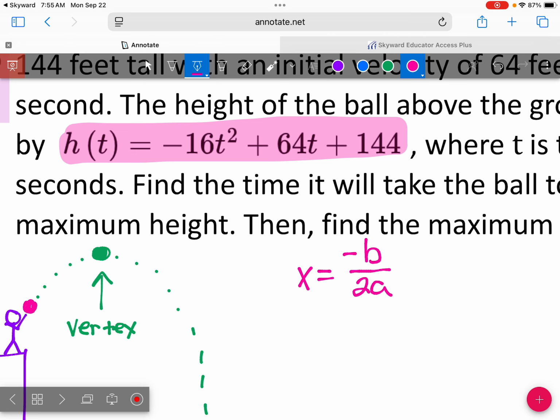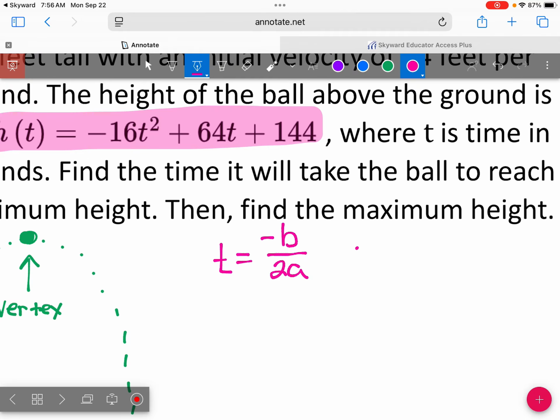Since we're in standard form here, we're going to have to find our axis of symmetry. The only thing different between this equation and the usual one is normally we have x's in here, but this time we have t's. So if they replace the x's with t's, I can switch this x for a t. This is going to tell us that t, because that's normally where we have our x's. So we can fill in these pieces.